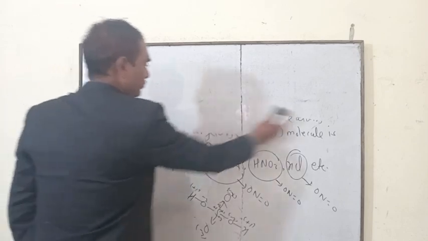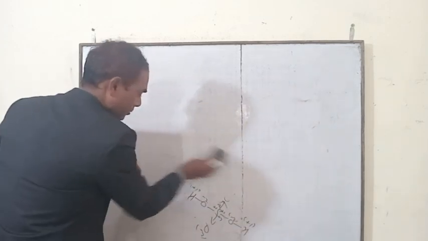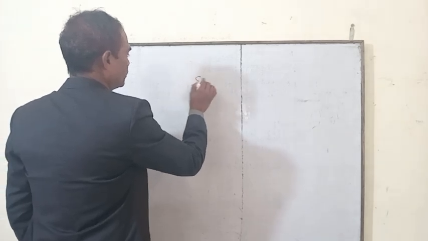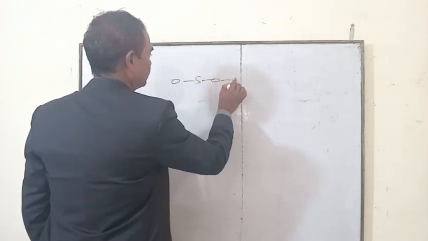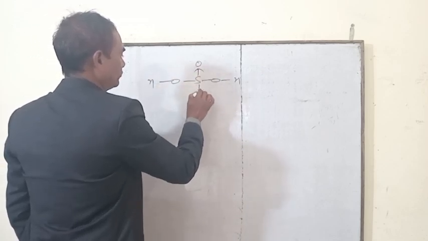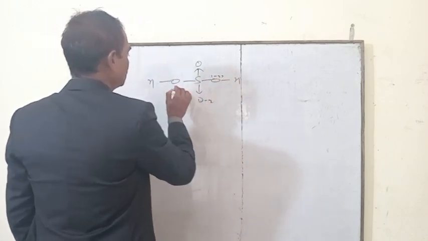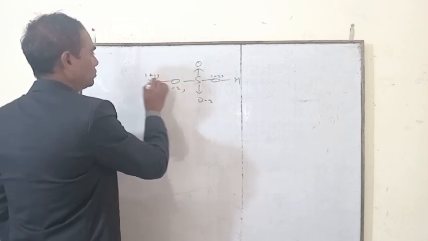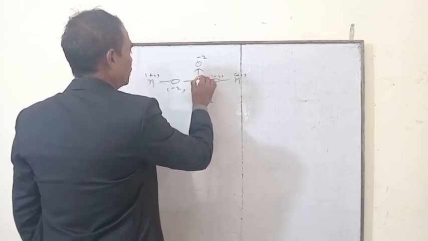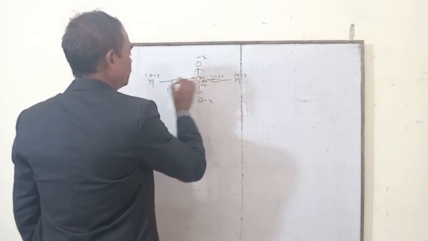This is the structural formula of sulfuric acid: sulfur, oxygen, oxygen, hydrogen, hydrogen, oxygen, with -2, -2, -2, +1, +1, -2, here +2, +2, +1, +1.